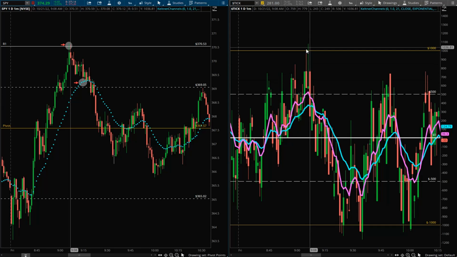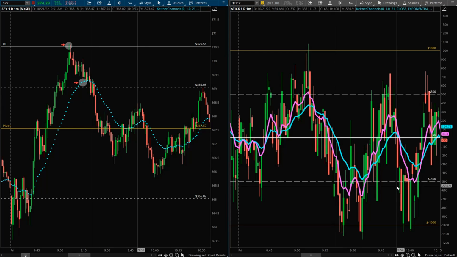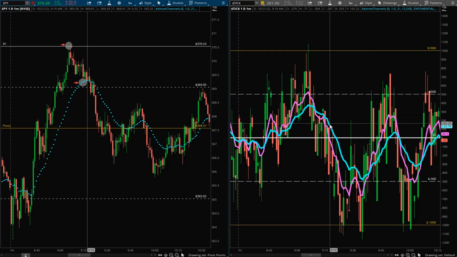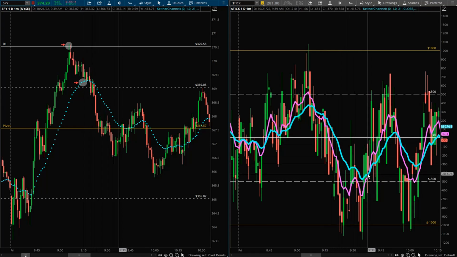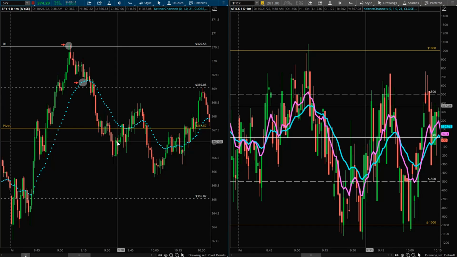When you see one of these extreme readings, it is nice to get another conviction once these cross back down to the downside, which shows that this move can now continue more to that downside. What I should have done is held on to one runner, because these lines never crossed over each other until way later on here, where I could have caught a lot more of this move instead of just catching a small portion of it.